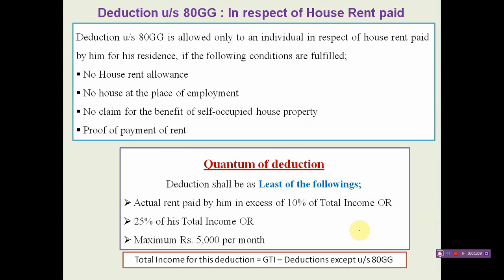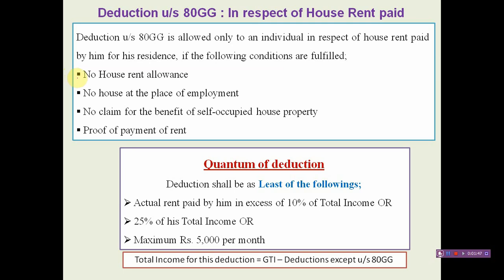Let us start with deduction under section 80GG. This deduction is in respect of house rent paid by an individual. It means if an individual has paid house rent for his residence, then he can get deduction under section 80GG, provided certain conditions are fulfilled. Those conditions are: first one, no house rent allowance.